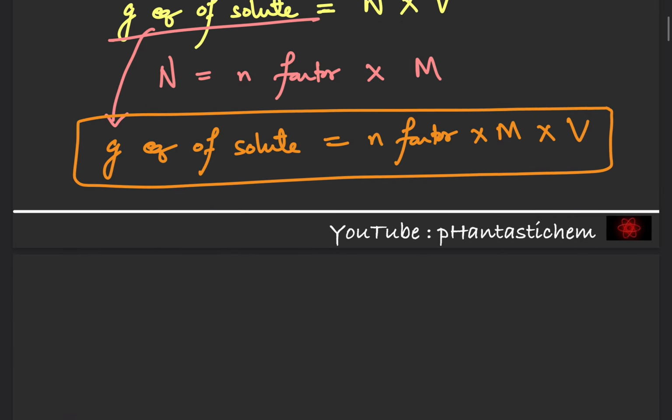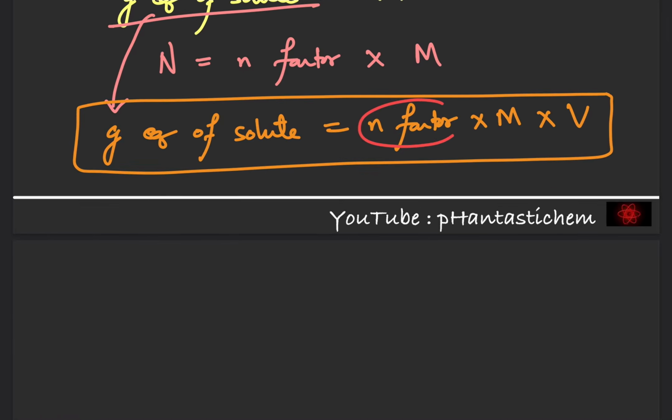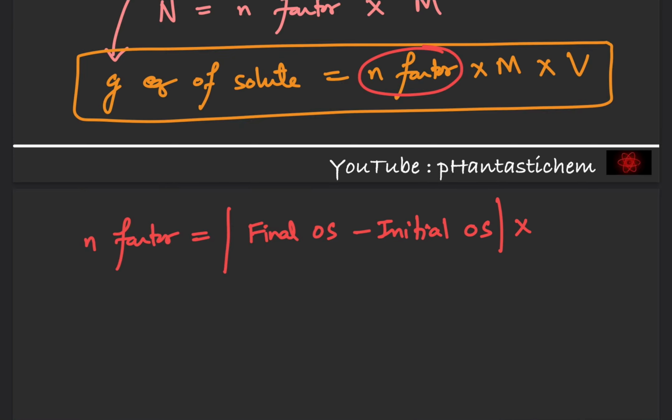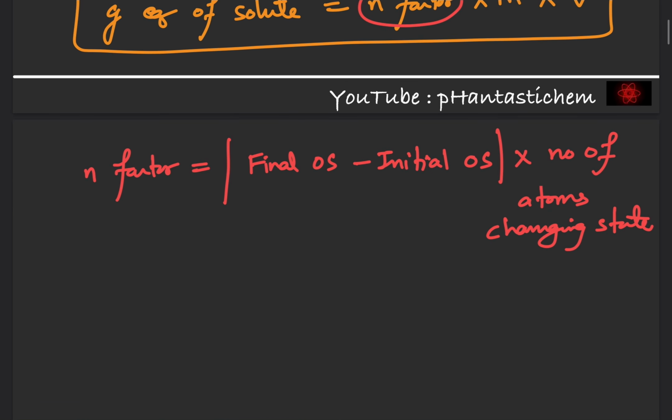To calculate the n factor of an oxidizing or a reducing agent, we use the formula: n factor is equal to modulus of final oxidation state minus initial oxidation state, into number of atoms changing their oxidation state.